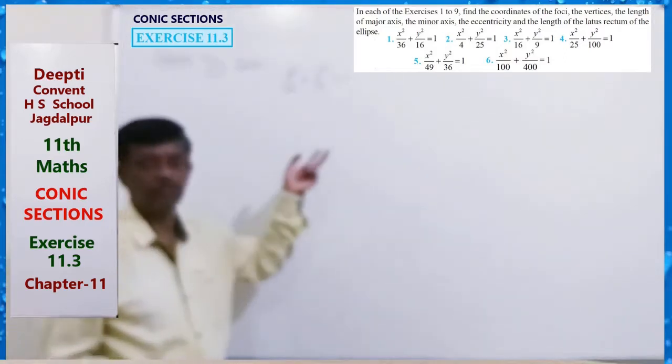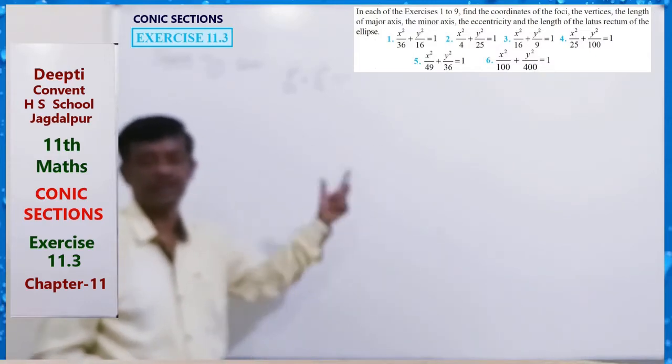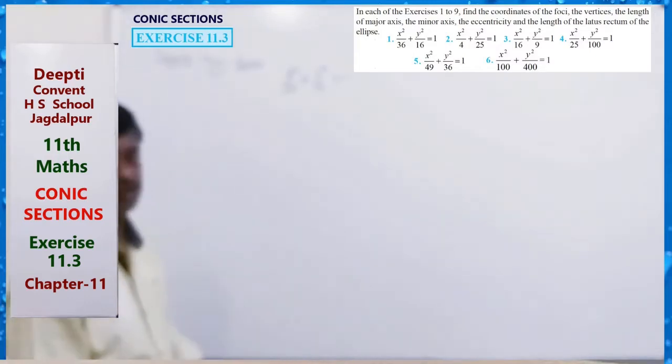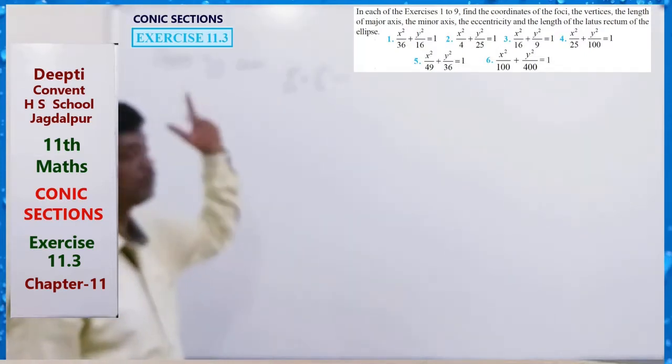And we know what the focus, vertices, major axis, minor axis are according to the format of ellipse. So what is the format of ellipse?